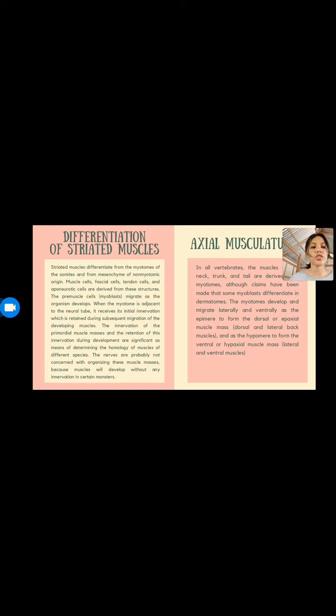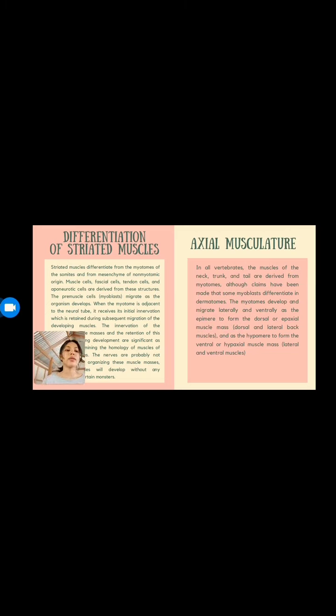The innervation of the primordial masses and the retention of this innervation during development are significant as means of determining the homology of muscles of different species. The nerves are probably not concerned with organizing these muscle masses because muscle will develop without any innervation in certain monsters.